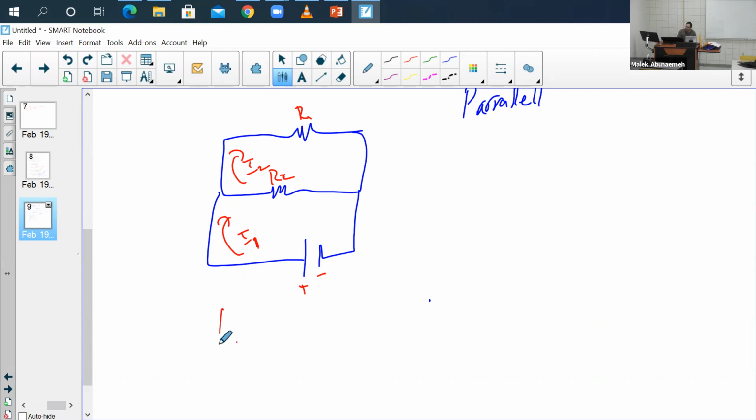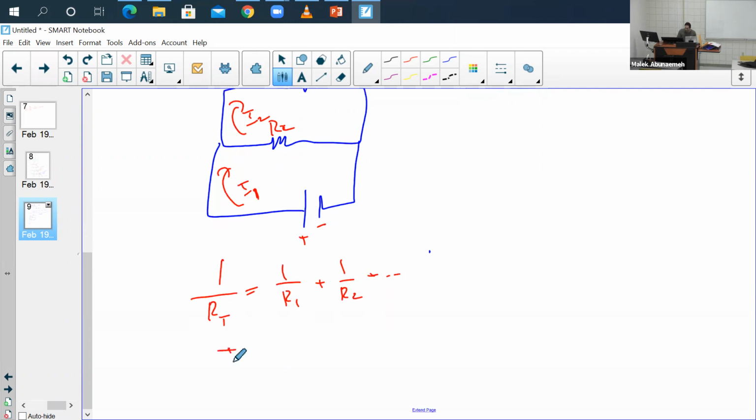Now, your total resistance will be 1 over R1, the reciprocal, plus the other reciprocal, 1 over R2, plus however many R's you have. Actually, let me rephrase this. It's actually 3 nodes.